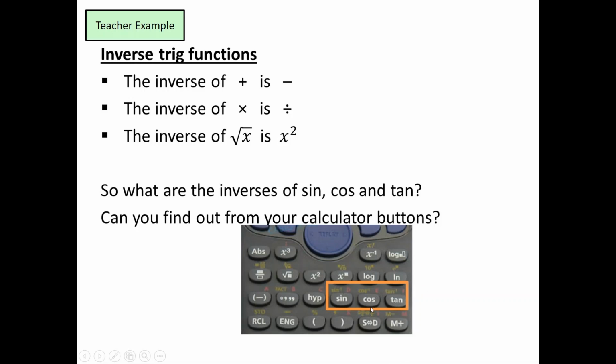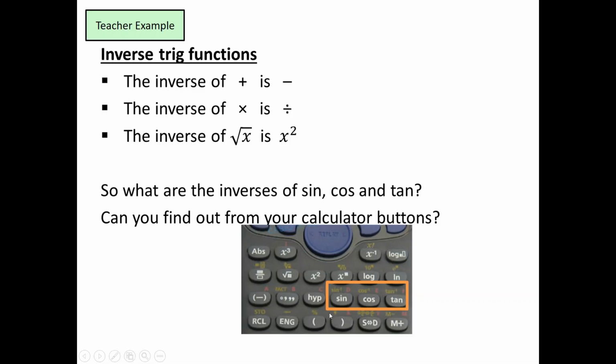These are the opposites of sin, cos and tan, and you can see in the yellow writing on the calculator sine minus 1, cos minus 1 and tan minus 1. These are the inverses, just the way the inverse of addition is subtraction, multiplication is division, and rooting is squaring. So these will be used in today's lesson.